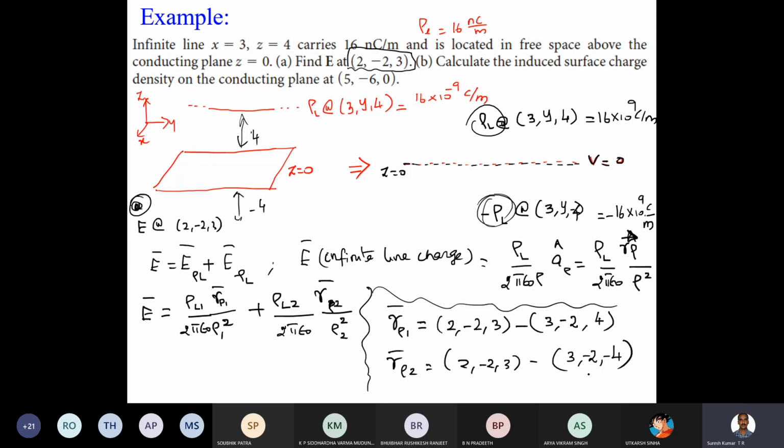I'll give 2 minute time. Please complete this. Now you need to take the magnitude of this. Then you need to square it. Don't forget, you need to square it. Any questions?